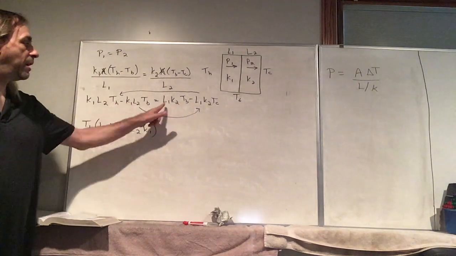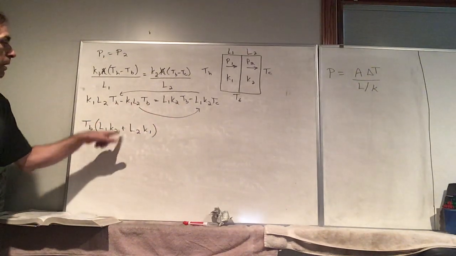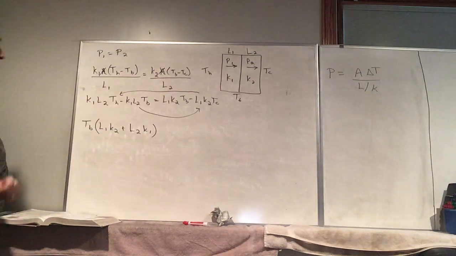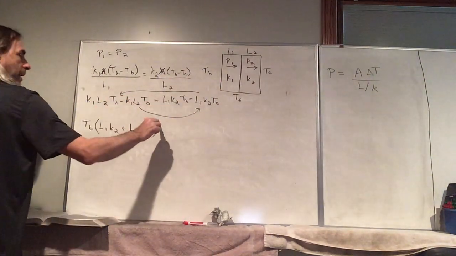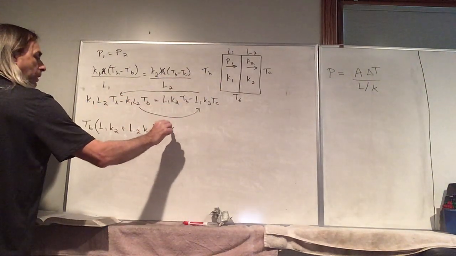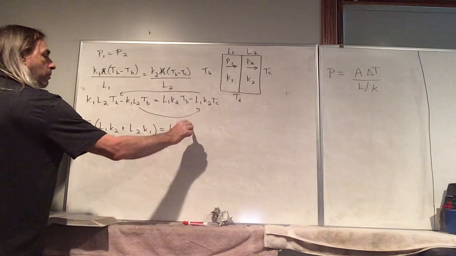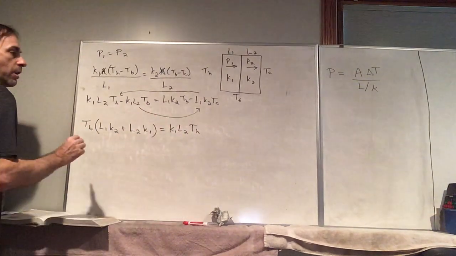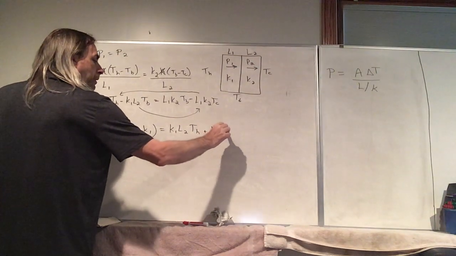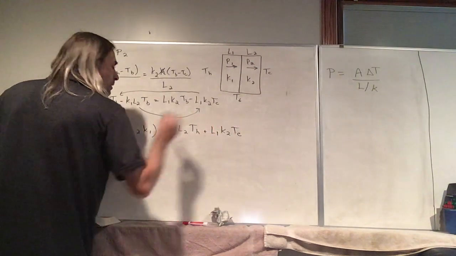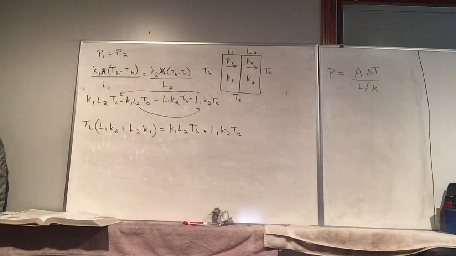Here we have TB, we have L1, K2, and K1, L2. And we factor TB out of it. And those were over on this side. So on the other side, we have K1, L2 times TH plus L1, K2 times TC.